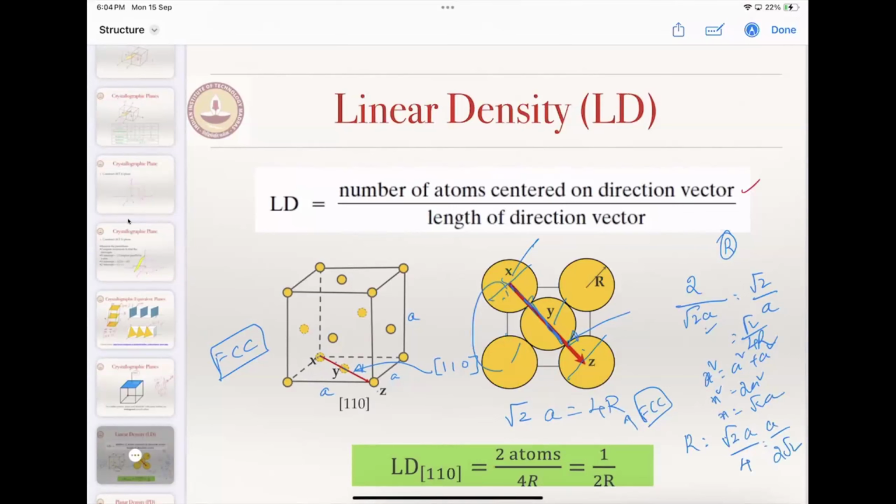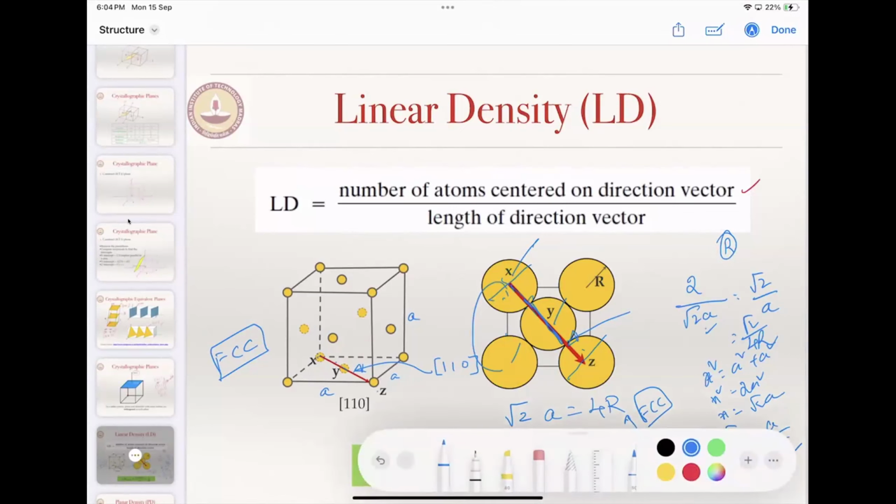That is the radius of the atom. Now the linear density is, because you have two atoms centered around that, divided by 4 times r, that is 1 by 2r. That is my linear density of the 110 direction.